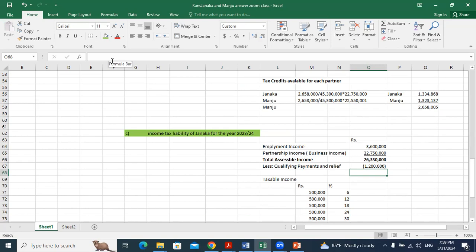Let's say if we had rent income, what will happen? Rent income would come here. Rent income, investment income. If this is there, he has qualifying payment relief, and also that 25% relief would come. Now here no rent income, therefore no 25%. So we will work out the taxable income.